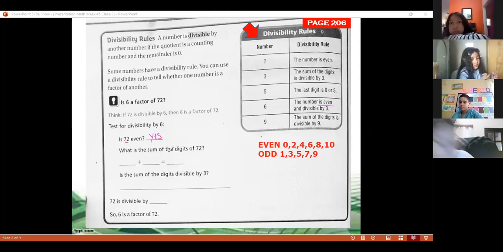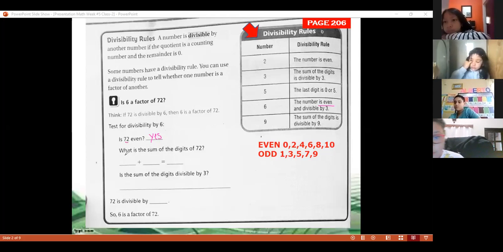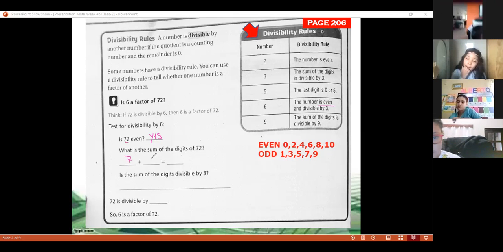Now, what is the sum of the digits of 72? Because that's another way, divisible by 3. A number is divisible by 3 if the sum of the digits is divisible by 3. So we sum the digits: the digit number 1 is 7, and the digit number 2 is 2. Now we add 7 plus 2 equals 9.